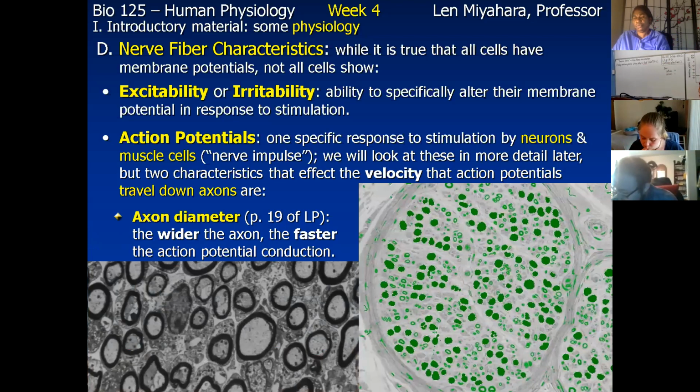Now, there's 2 things that dictate the velocity of an action potential. What you might want to write next to action potential is: it is not electricity. Electricity going through the copper wiring in your house or your car is going at near speed of light. And action potentials are not electricity. They are way slower.